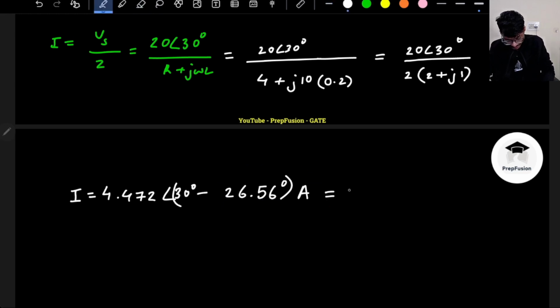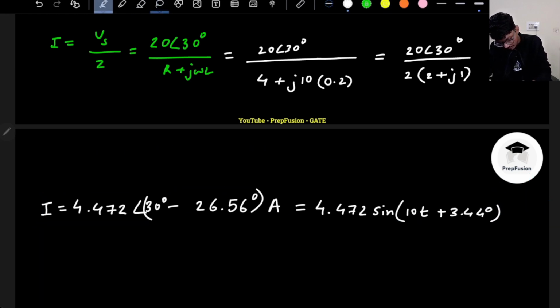If I convert back into sinusoid, my reference was Vm sin omega t, so this will be sine of 10t plus 3.44 degrees. This will be the answer for the current.